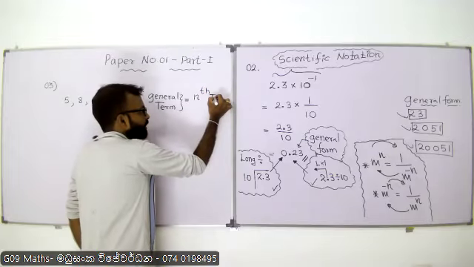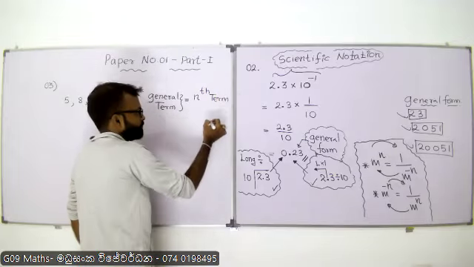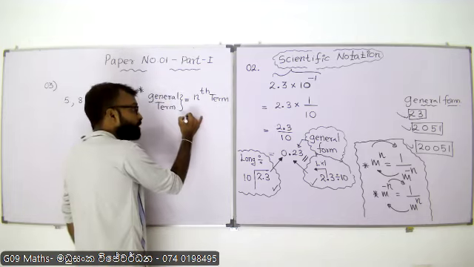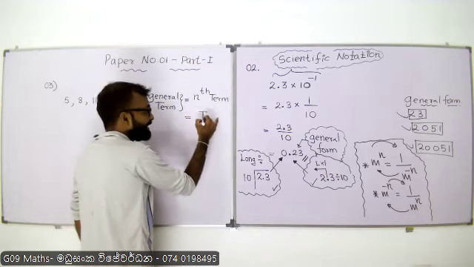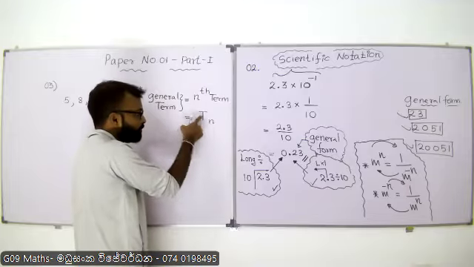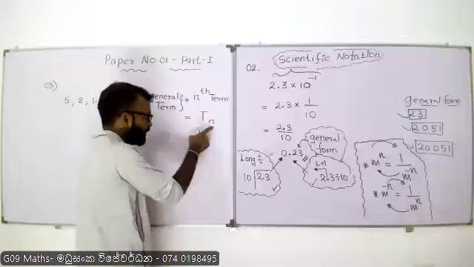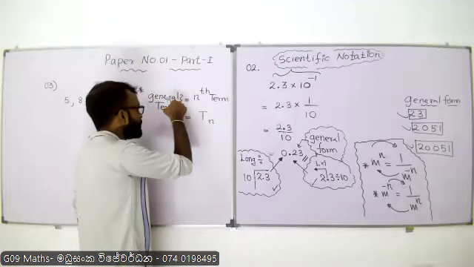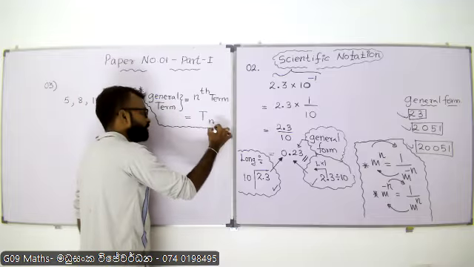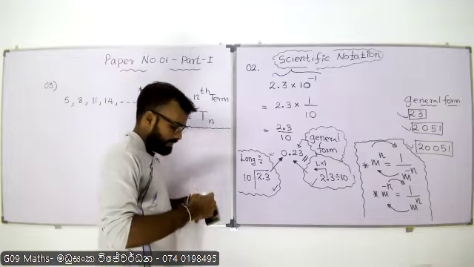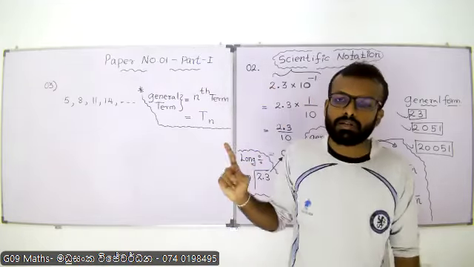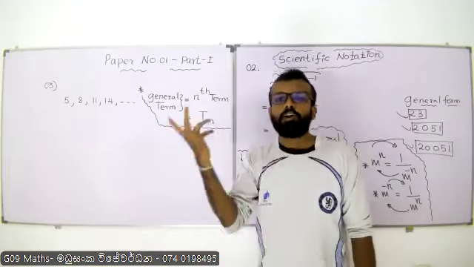Sometimes in the exam they might ask find the nth term, sometimes find the general term, sometimes find Tn. Tn means nth term or term n. All of these are the same. Whatever the name, it refers to the same thing.